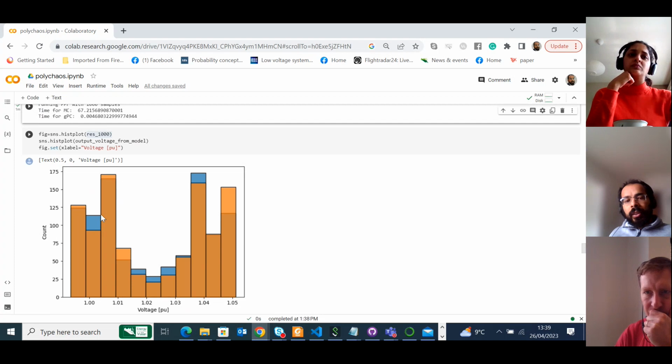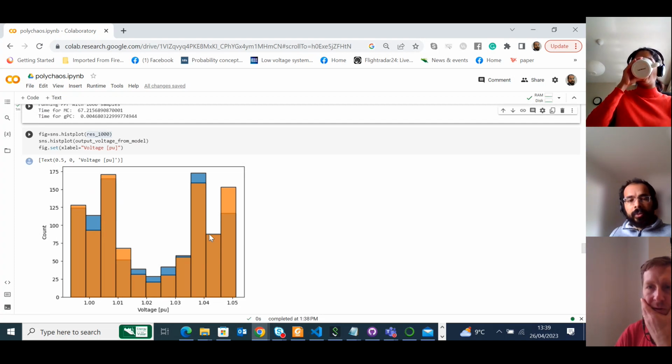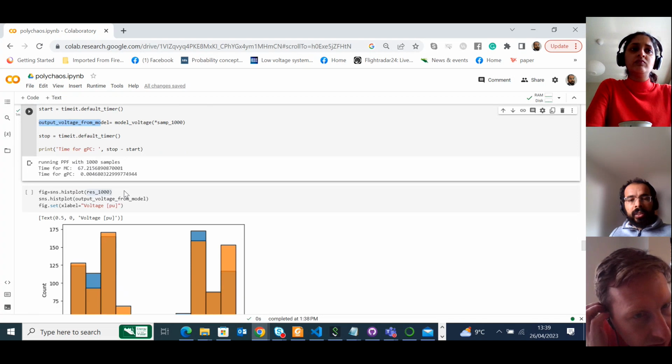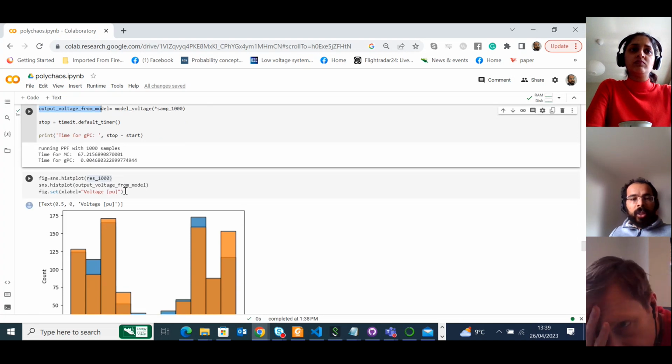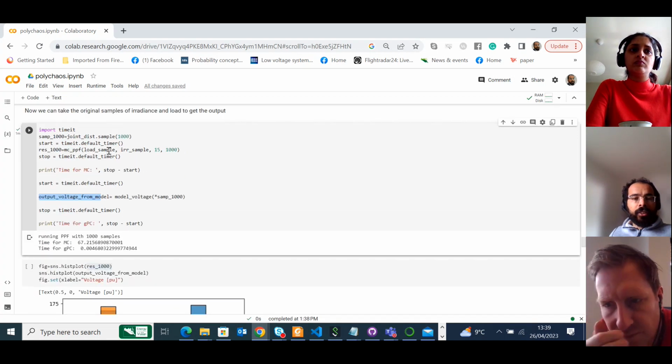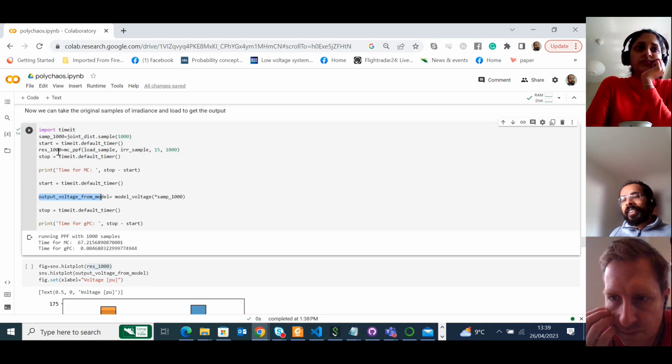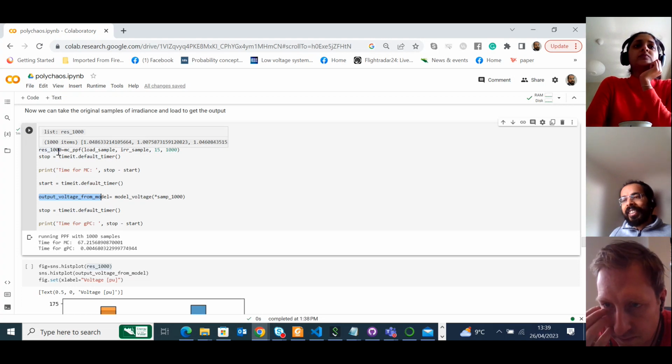If you take more samples, then it becomes more and more similar. If you plot in terms of PDF or something like that, it becomes more similar, because this one is only with 1000 samples. If you go to 10,000, then it will be similar. But one advantage is, if we want to go from 1000 to 10,000 here, we have to repeat that power flow again 9,000 times.